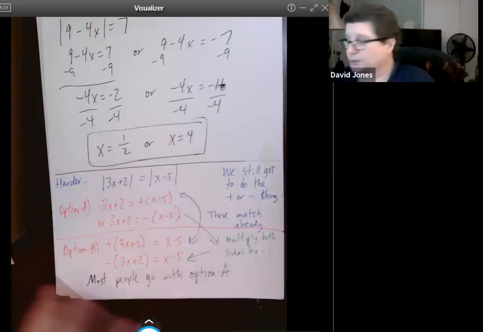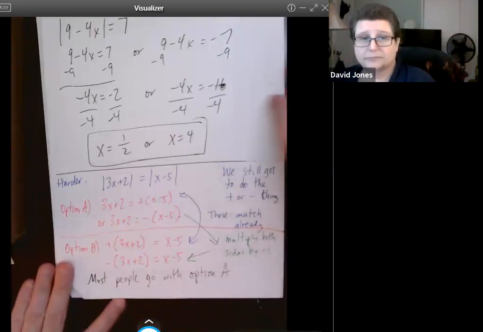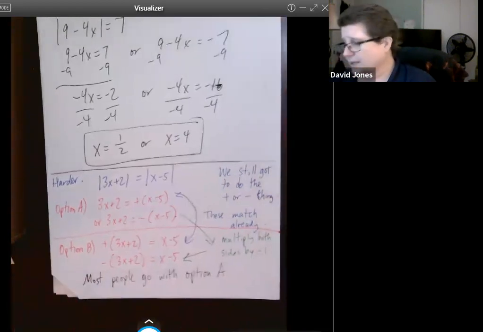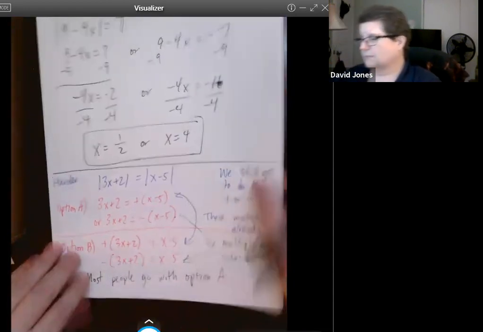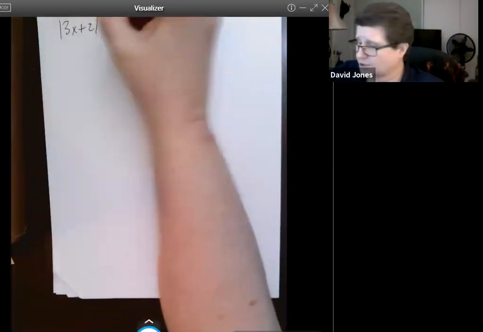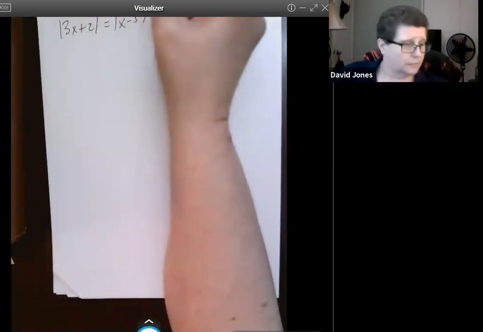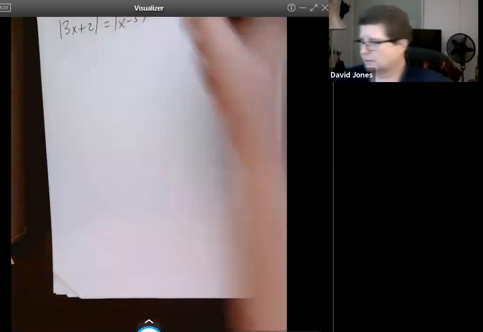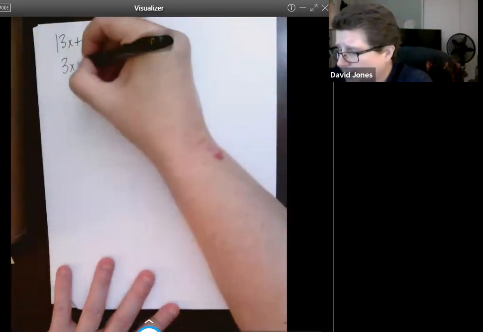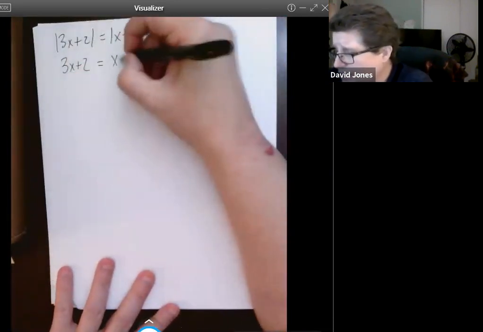And that's what we're going to do. So pause this if you need it up longer. I'm going to rewrite what we got on the next page. Actually, let's just rewrite the problem. I'm going with option A, where I leave the left side positive and I change the right side.